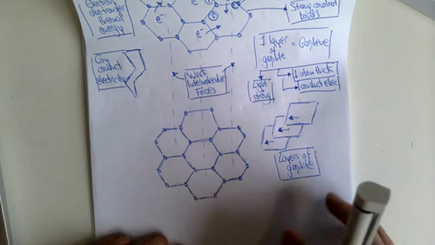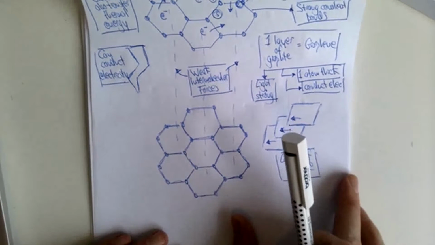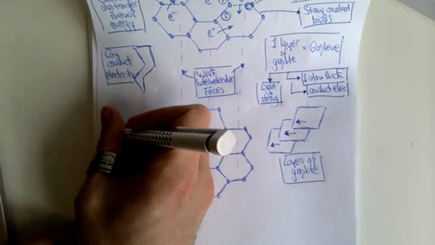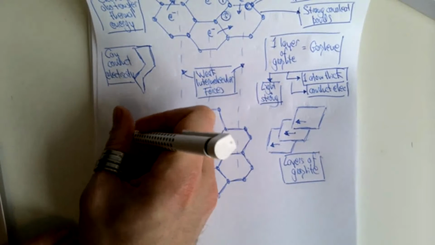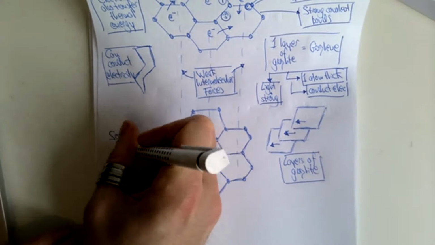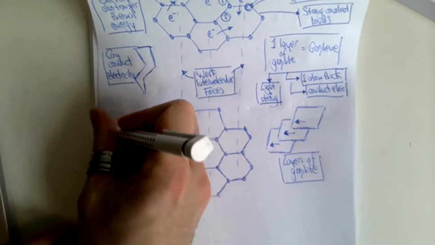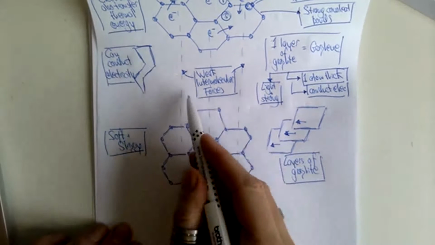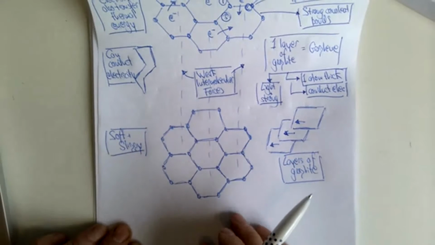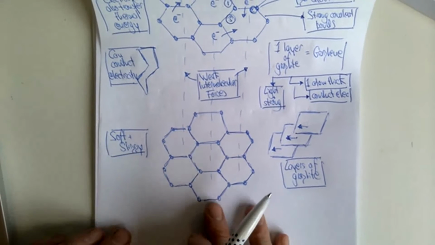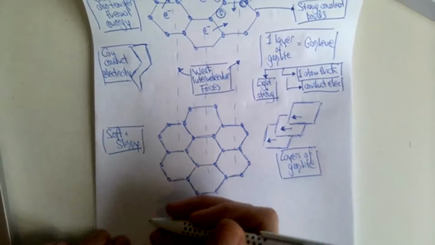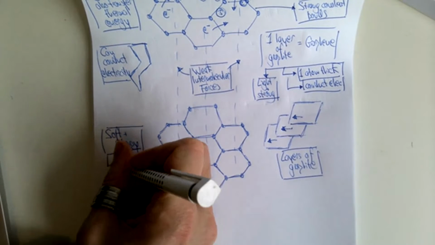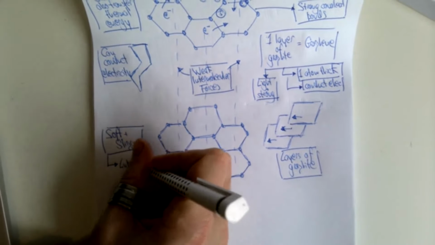It means that graphite ends up being particularly soft and slippy, because these different layers can move across each other and the weak intermolecular forces can break really easily. Because it's soft and slippy, it can be used in substances such as oils and lubricants.